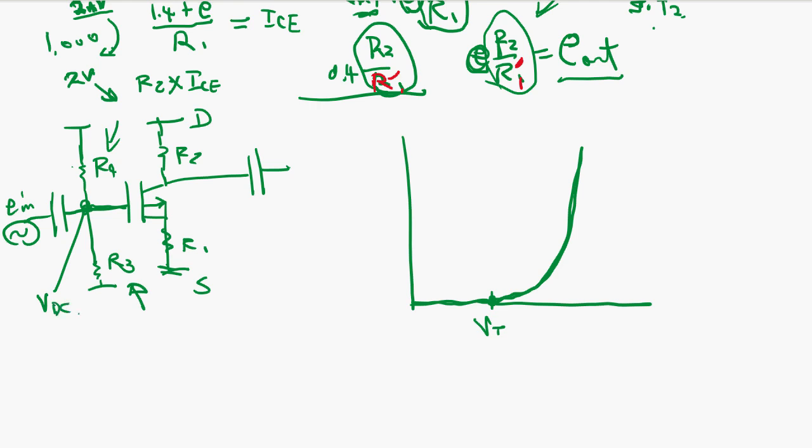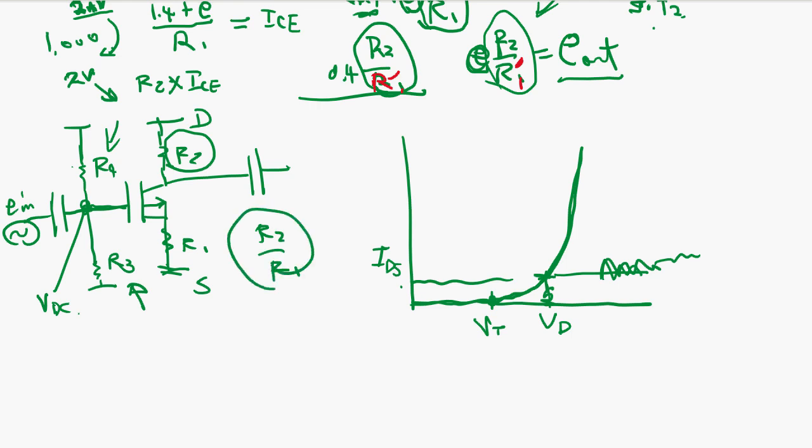DC point, operating point is above here. Then input voltage goes, this is I DS. Okay, and that AC signal is multiplied by R2 over R1.